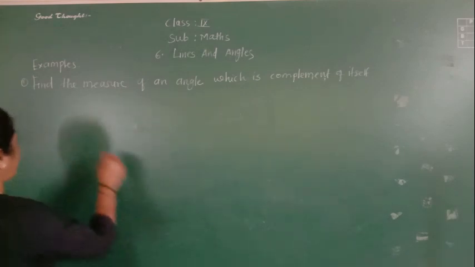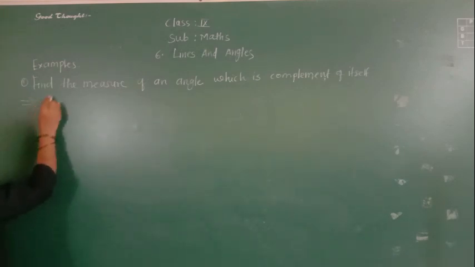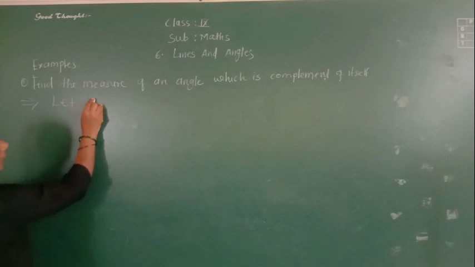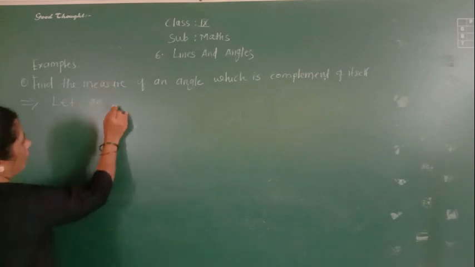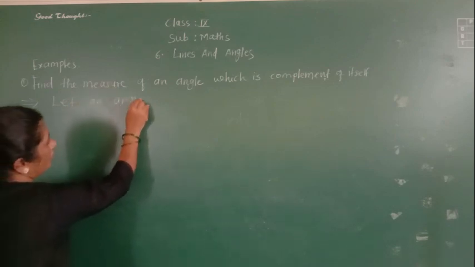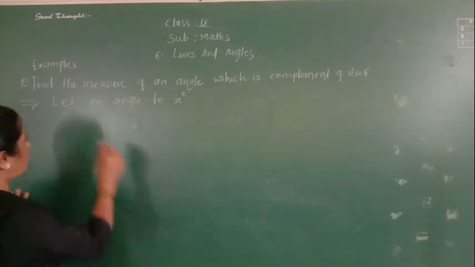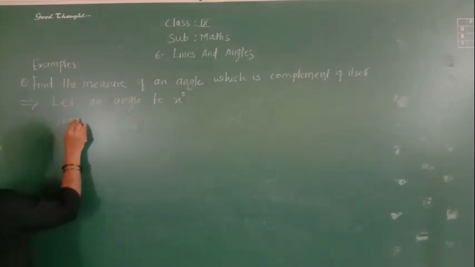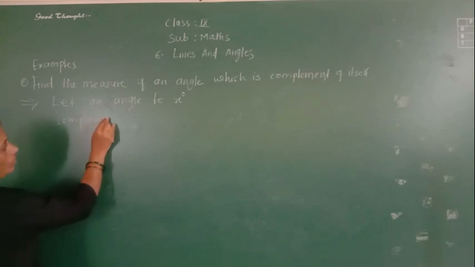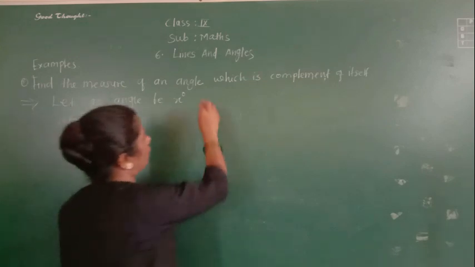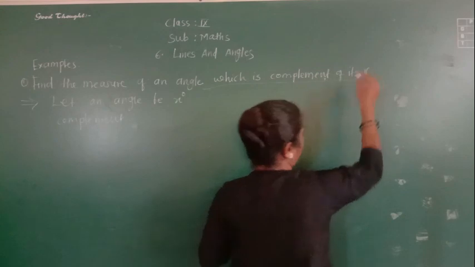So when we solve this, we write: let an angle be x degrees. Then what is its complementary angle? It is given that it is the complement of itself.